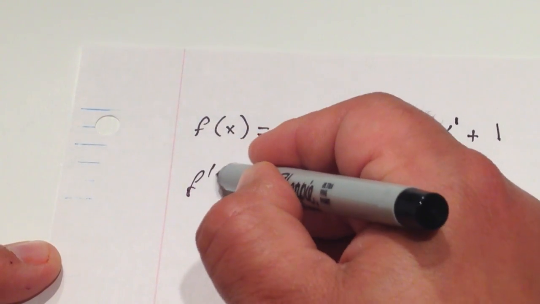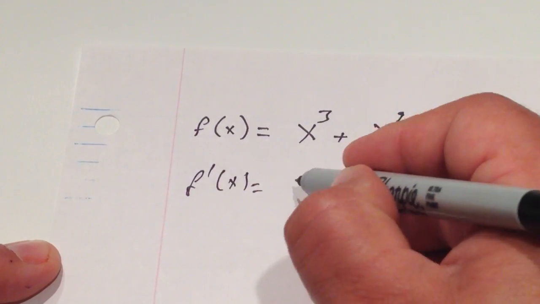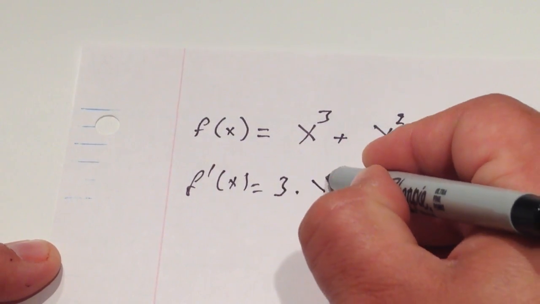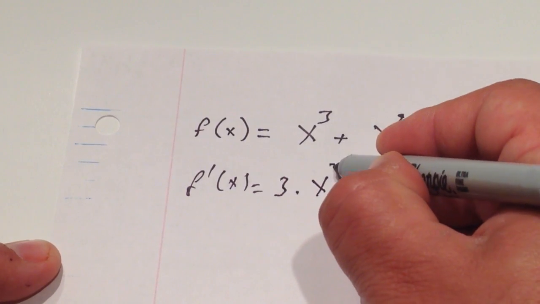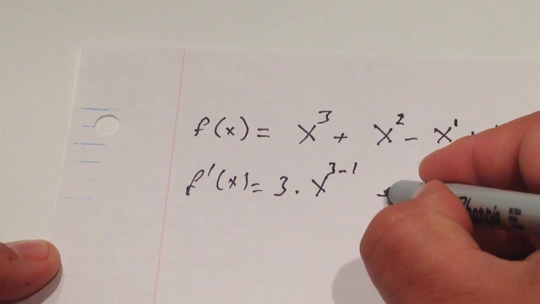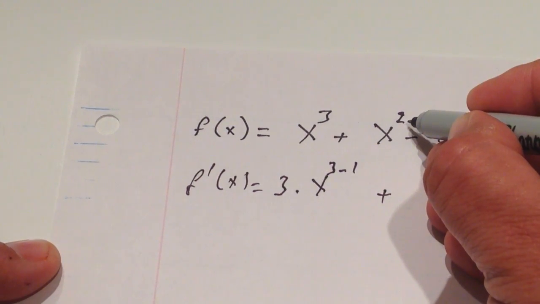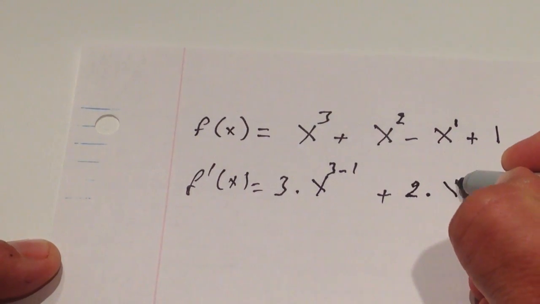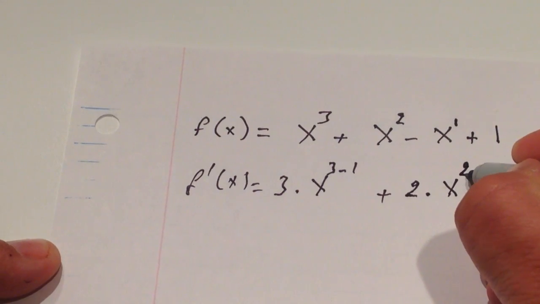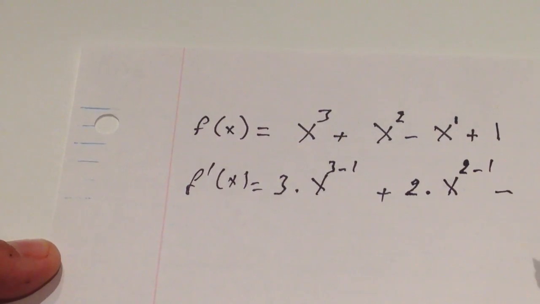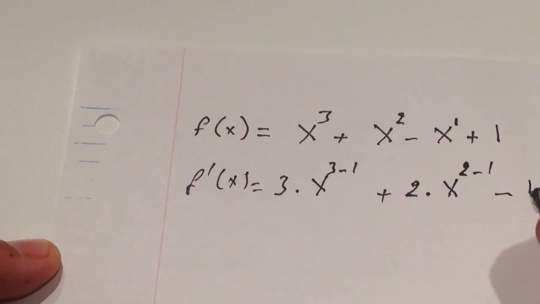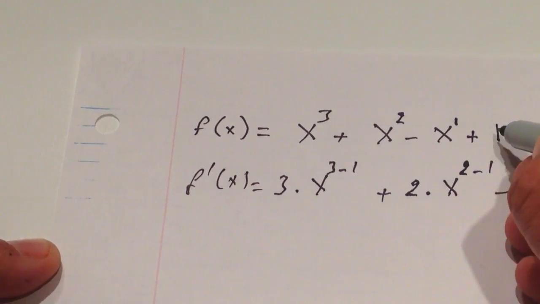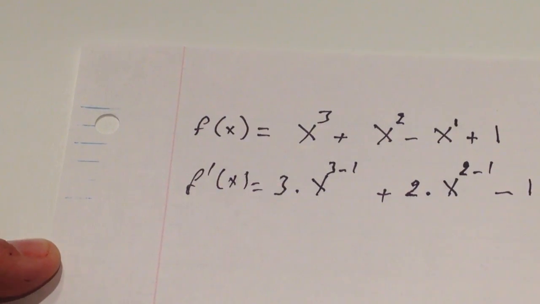So the derivative will be equal to 3, we'll move it aside, multiplied by x, and the power 3 minus 1, plus, again, x has a power 2, that 2 will be moved aside, 2 multiplied by x, and the power will be 2 minus 1. Minus, here we have a power 1, so we'll move it aside, multiplied by x, and the power, we subtract 1, plus, this is a constant, so the derivative of a constant is 0.